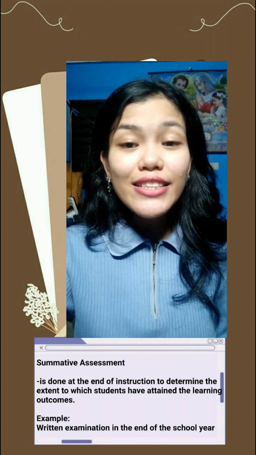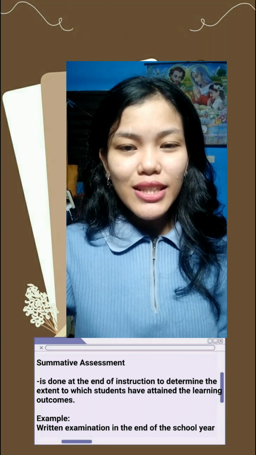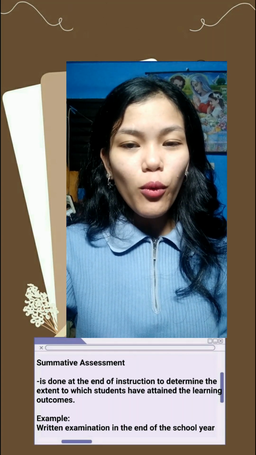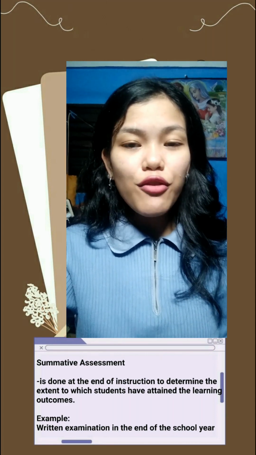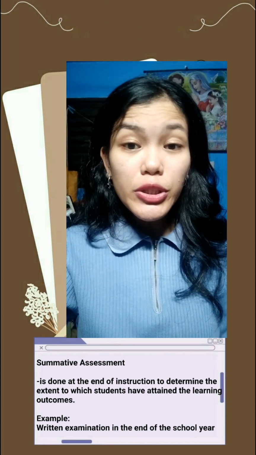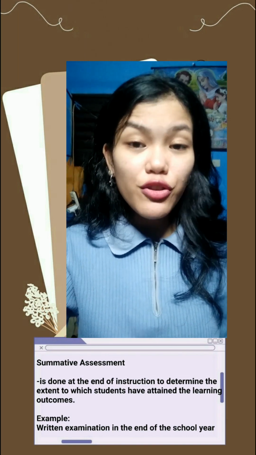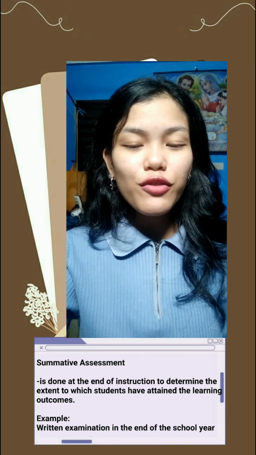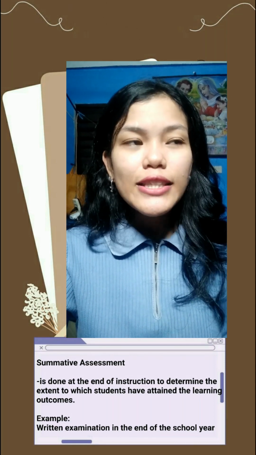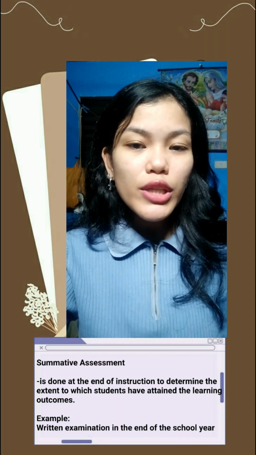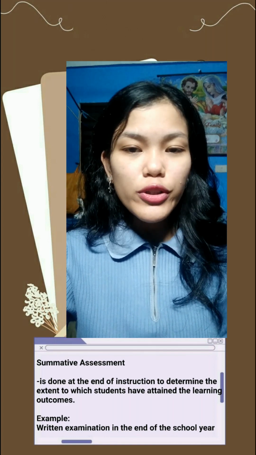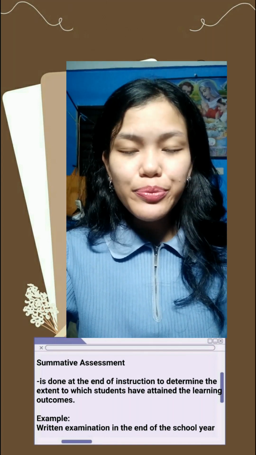Again, summative assessment is used to evaluate student learning, skill acquisition, and academic achievement at the conclusion of an instructional period, typically at the end of the school year, unit, course, project, or semester.